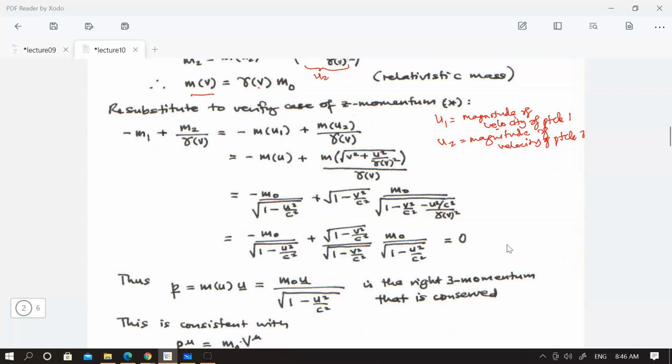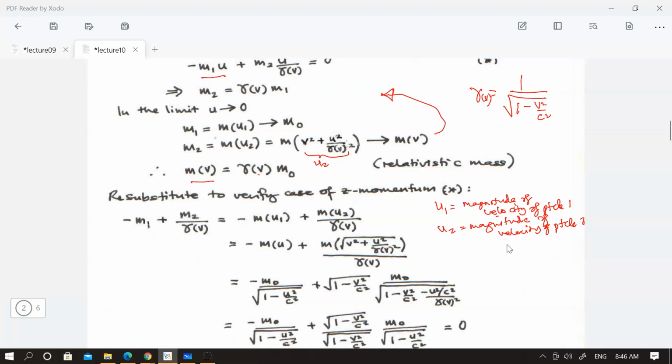And for this one, again, this looks a little bit complicated, but bear with me. Gamma v at the denominator will bring up the square root factor. Remember that gamma v is this. Okay, so 1 on gamma v will bring that square root factor on top.